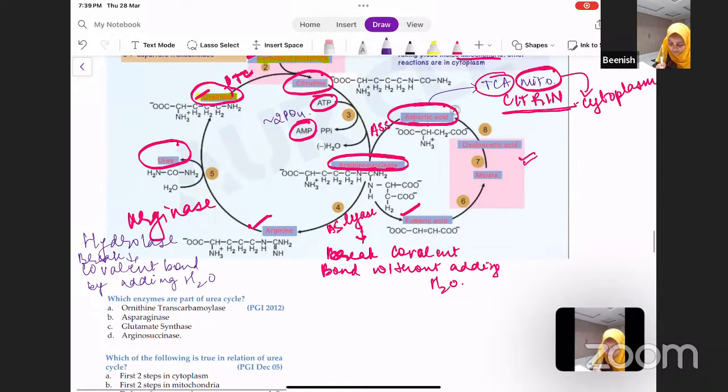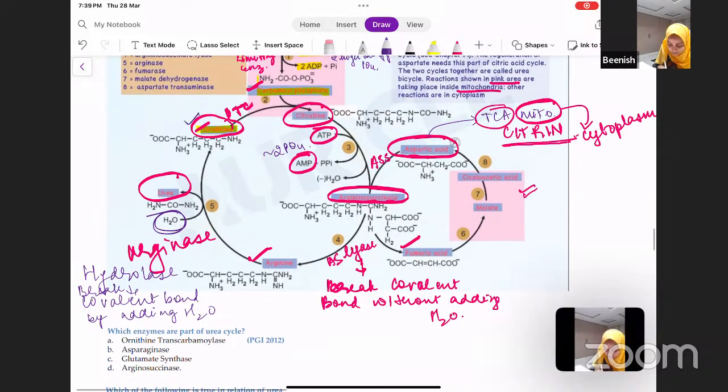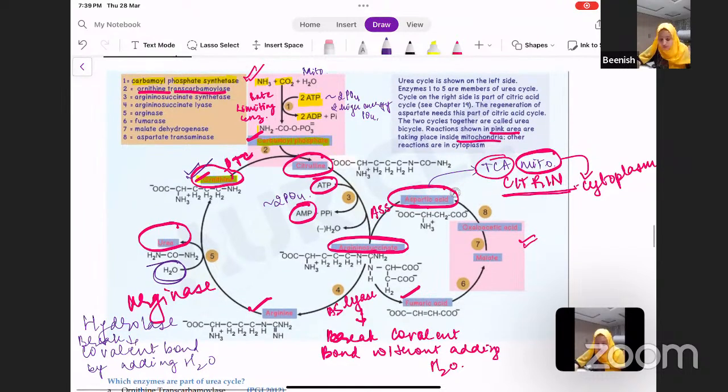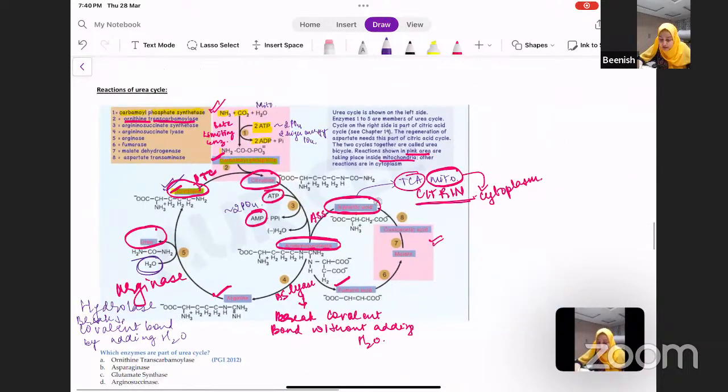You can see water is being added in this reaction. And what has been regenerated? Ornithine has been regenerated, as we've already stated in the beginning of the lecture, that urea cycle is also known as ornithine cycle. Now this ornithine will move into the mitochondria from the cytoplasm and will again combine with another carbamoyl phosphate, and the cycle will continue. So these were the reactions of urea cycle.